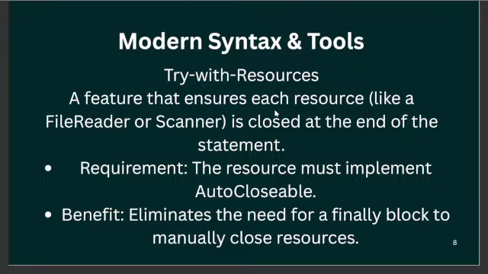It ensures each resource, like a file reader or scanner, is closed at the end of the statement. The requirement is that the resource must implement AutoCloseable, and the benefit is that it eliminates the need for a finally block to manually close resources. So no need to write a finally block manually, and the code is cleaner and safer.